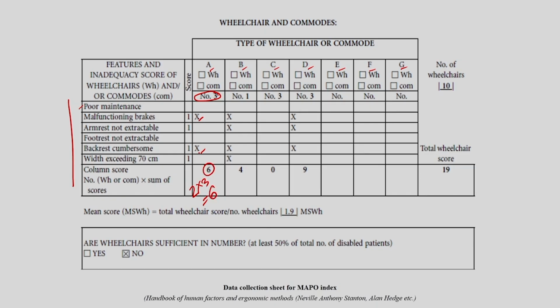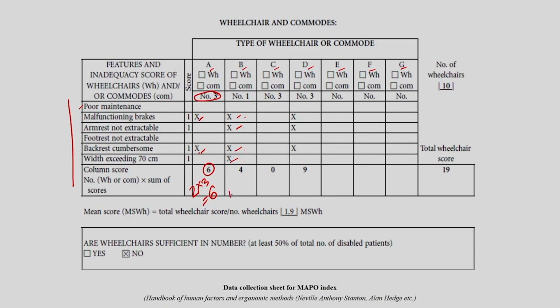In second category wheelchair, more problem. What is that? It is malfunctioning brake, armrest is not extractable, backrest is also little cumbersome, and width is exceeding 70 centimeter. So, 1 plus 1 plus 1 plus 1.